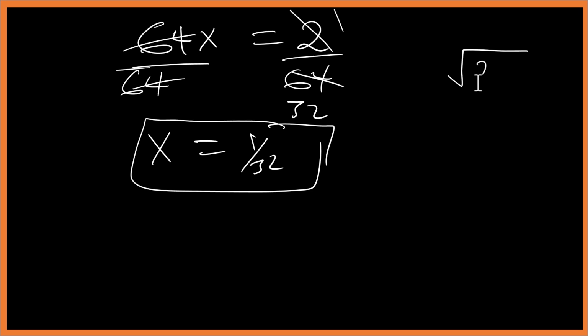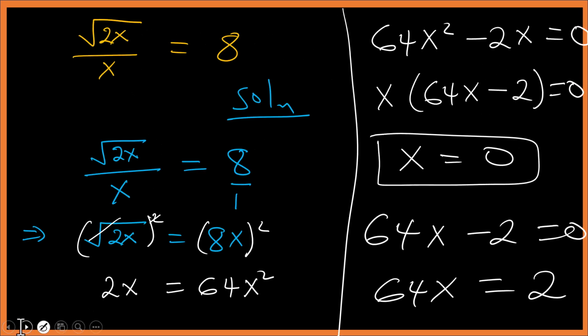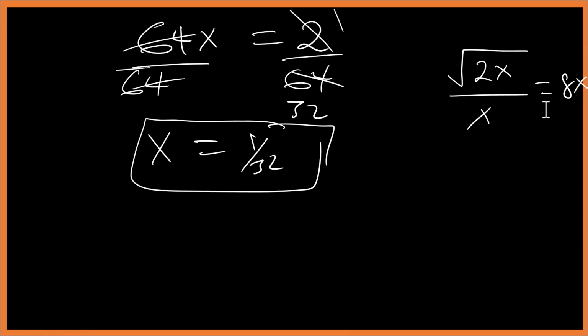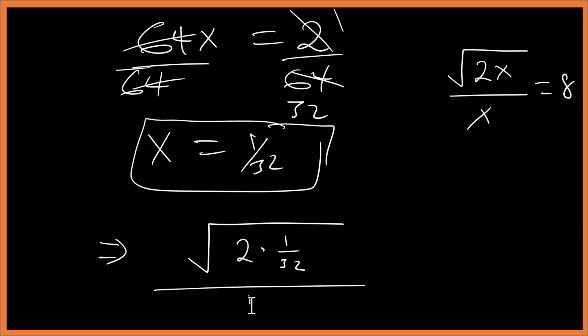Now we have square root of 2x over x equals to 8, so equals 8, not 8x. So if I plug in 1 over 32, let's see. So square root of 2 times 1 over 32, over 1 over 32.